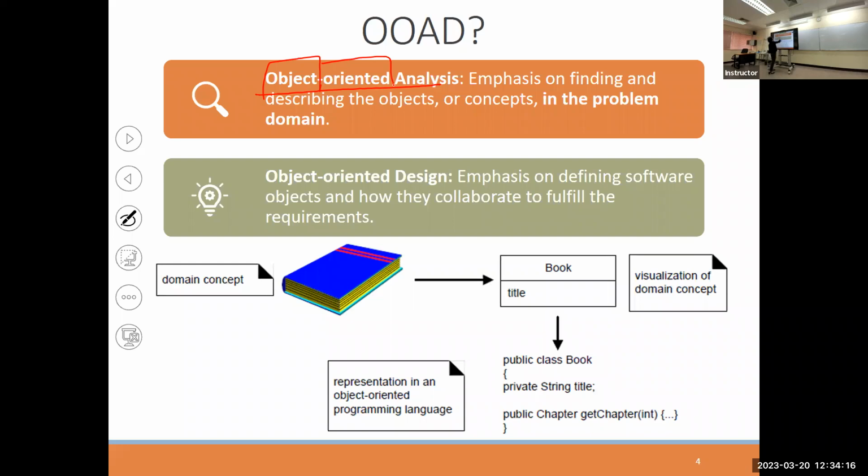So that is why we describe the objects or the concepts in the problem domain. And when it is design in the OO approach, it also focuses on objects and how objects collaborate. That is why in all those diagrams in UML, you will model a lot of objects and how objects interact with objects: actor, object, cell, object, item, object, product, object, many things. They interact with each other by means of objects.